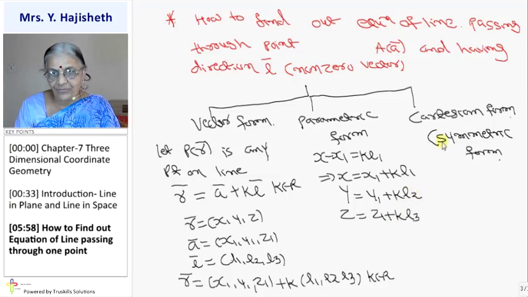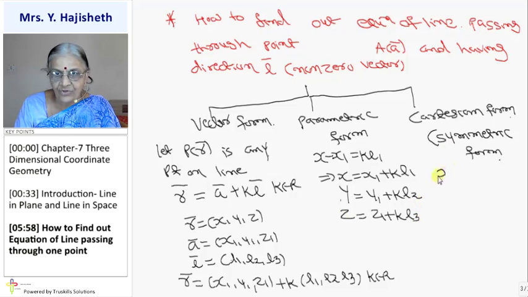Now the Cartesian equation. In the Cartesian equation I am going to eliminate k. So what is k in the first equation? x minus x1 upon l1 is k. y minus y1 upon l2 is also k. And z minus z1 upon l3 is also k.